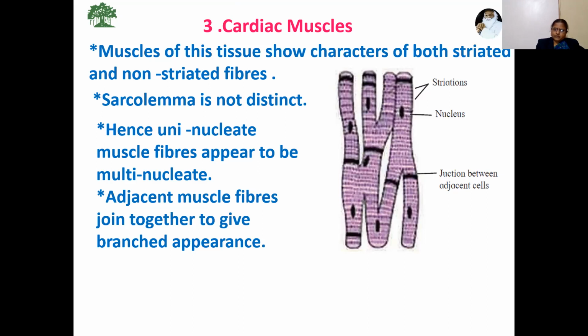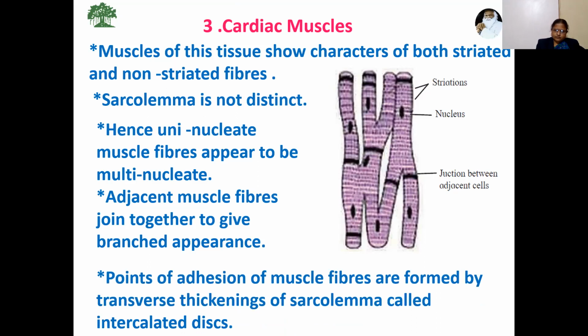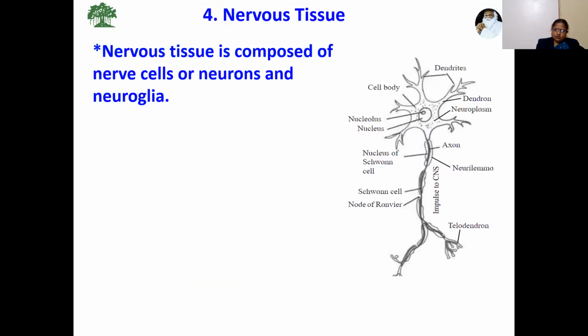They show faint striations, and hence it is a combination of both striated as well as non-striated. It is covered by sarcolemma, and it contains nucleus and sarcoplasm. Remember, all of this is muscular tissue.